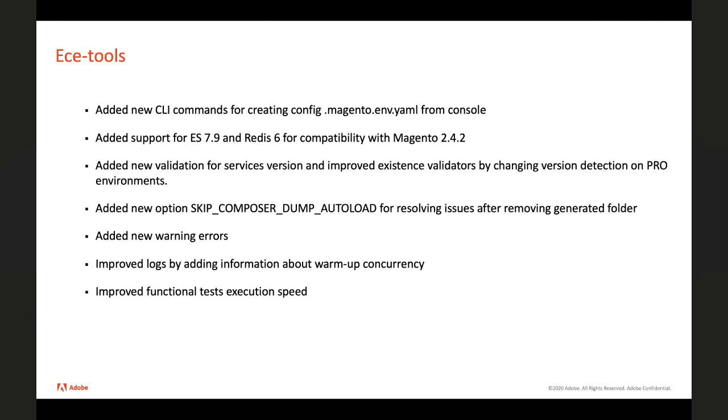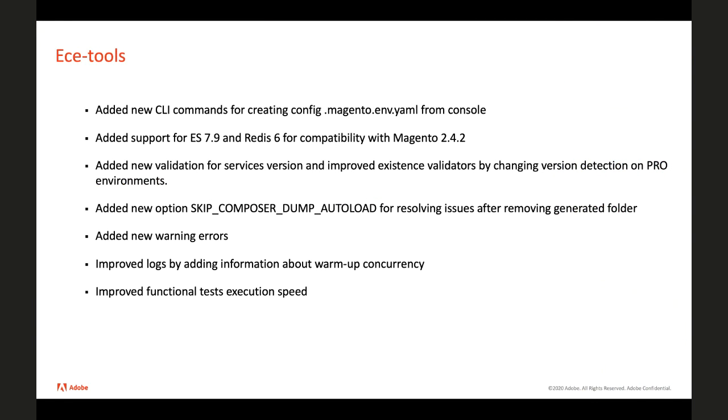We added support for Elasticsearch 7.9 and Redis 6 for compatibility with Magento 2.4.2. It's for the upcoming release of Magento 2.4.2. It will include such versions of services, so we want to be compatible with it. We added new validation for services versions and improved existence validators.